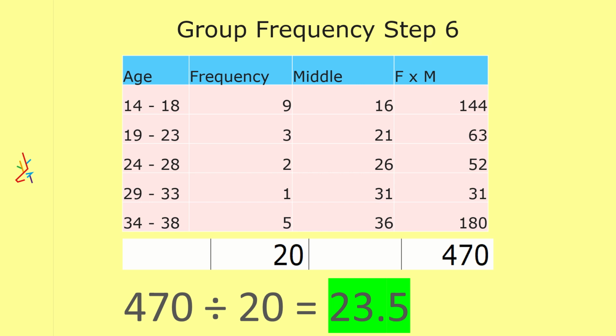I've checked these sums, but just to give you an approximation of how you could check that it was right, look to see if it's in the middle of the first number you're given and the last number you're given. If it had ended up, for instance, like 42 or 44, I know I would be way off because I'm looking for something between the ages of 14 and 38. So if I'd got something really under or not nearly in the middle, I'd be rechecking my calculations. And that's how you do group frequency.